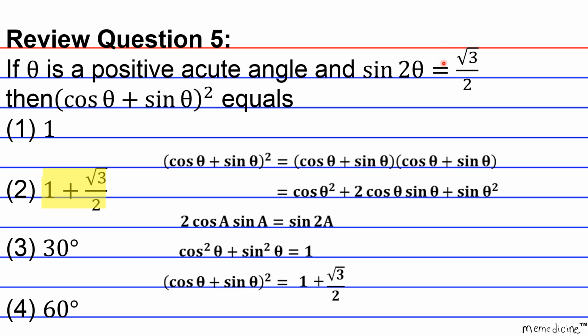So if you recognize that this is actually the sine of 60 degrees, you would have been able to interpret that theta is actually going to be 30 degrees. And you could use your graphing calculator to solve accurately and easily, because 30 degrees is a positive acute angle and it occurs in quadrant 1. Therefore, using your calculator is easy, but it's trickier, not difficult, to use your calculator for problems like these if the angle doesn't occur in quadrant 1. It's not difficult, it's just trickier.